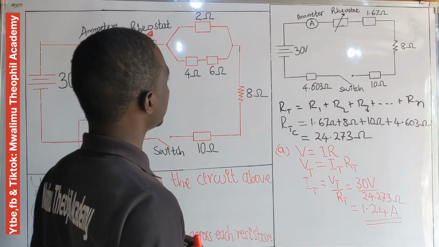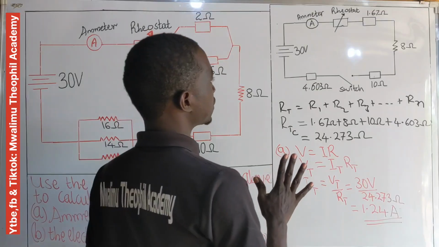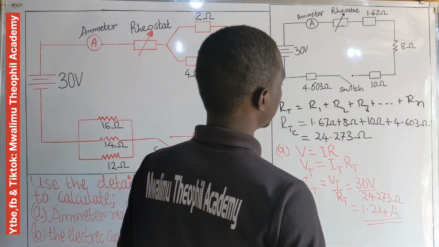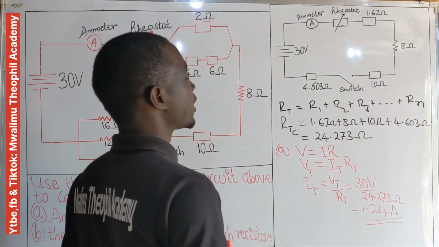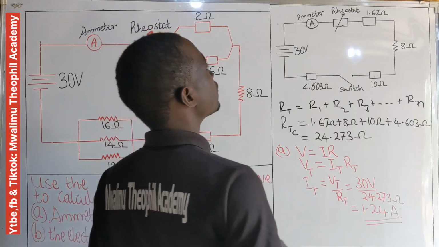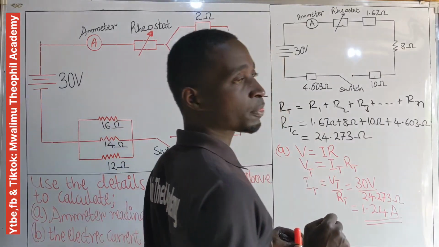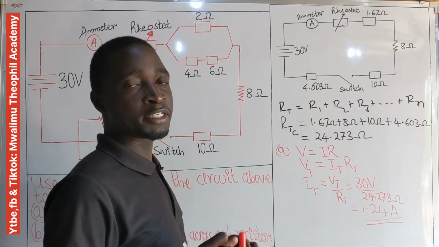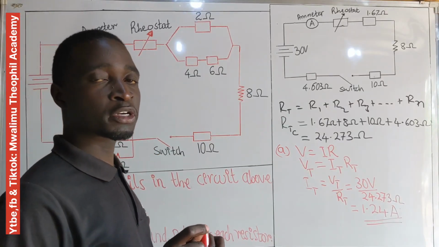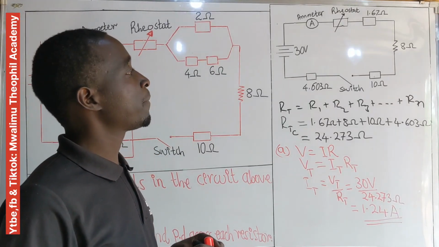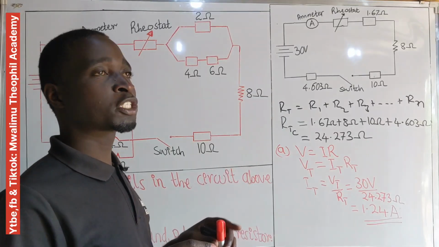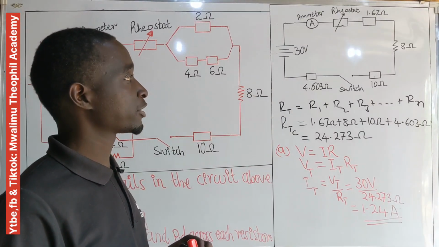Here, we are going to start with the electric current. You have to note that the electric current for resistors in series is the same and is equal to the total electric current in the particular series connection of resistors under consideration.